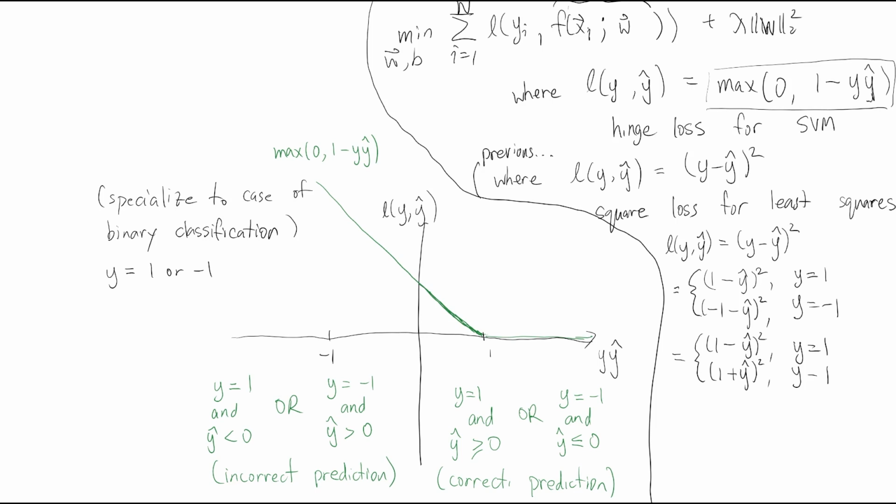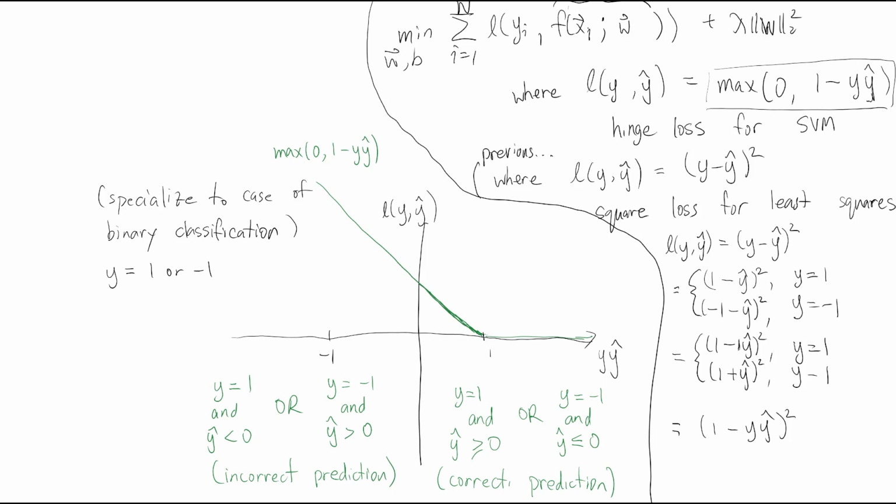Okay, so actually, if you stare at this for a bit, you'll realize that this is exactly equal to 1 minus y hat squared. Because when y equals 1, we kind of have a y hidden in here, right? We have a 1 hidden in there, and the 1 is the y.